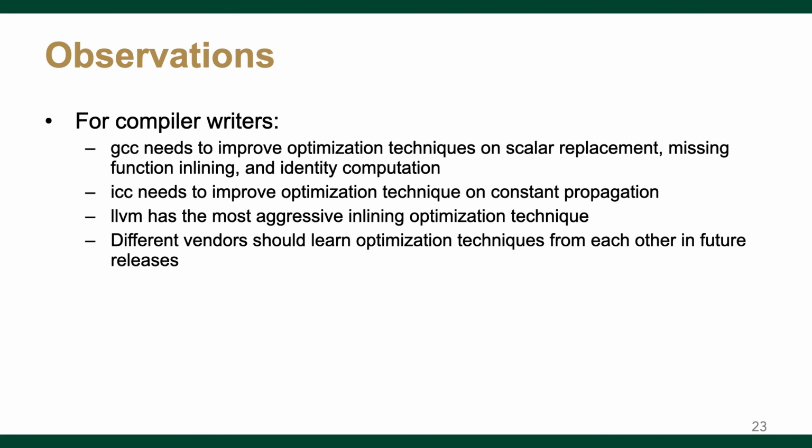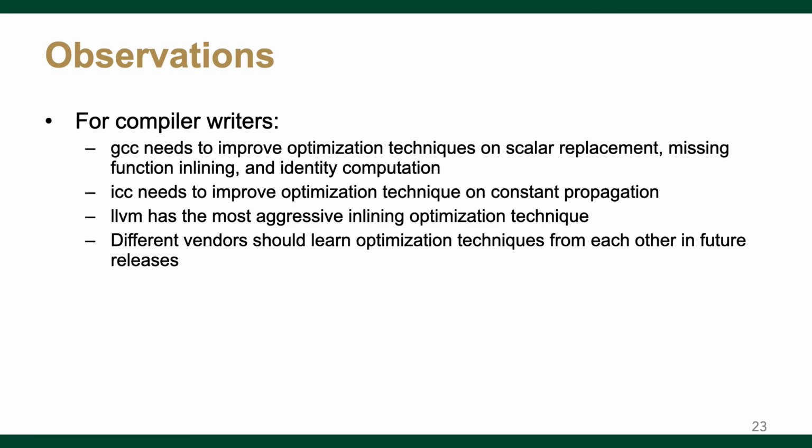And from the compiler writers' perspective, all compilers have some flaws in their optimization techniques. The majority of inefficiencies in CIBench cannot be eliminated by modern compilers, which reveals that there are still plenty of problems in compiler optimization techniques.